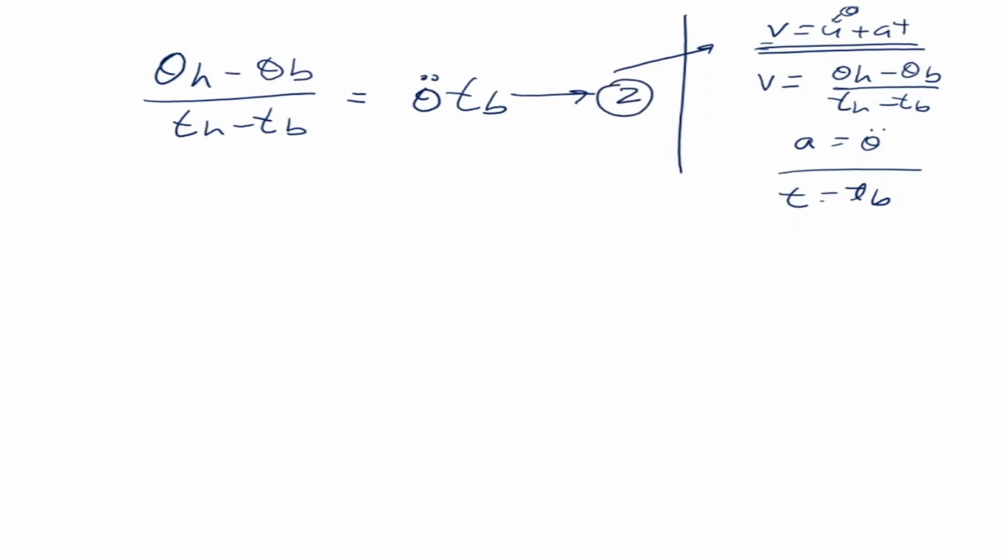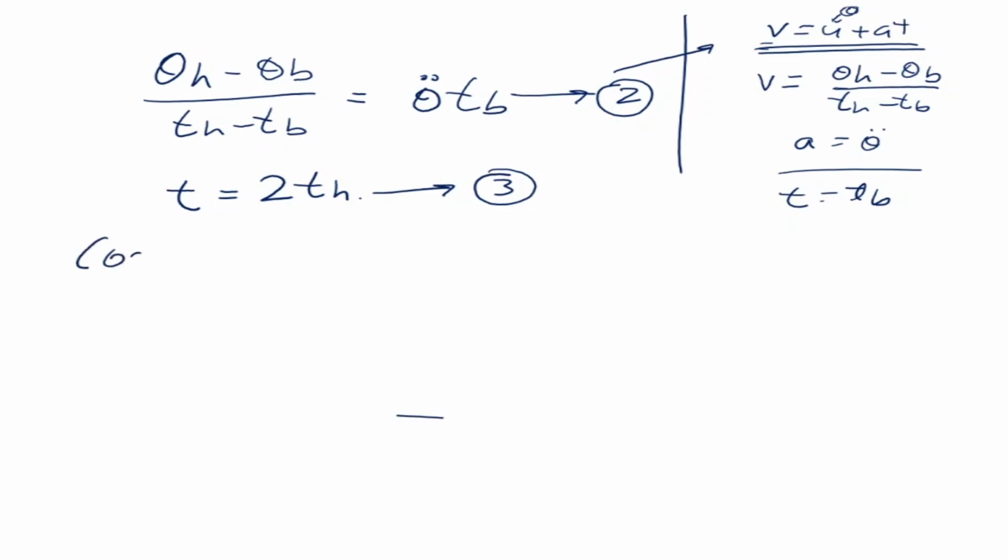Now, another thing that we are seeing is that the th, that is the section of the blend, is exactly halfway. Therefore capital T is equal to 2th. Okay, so this is my equation number 3, let's say.